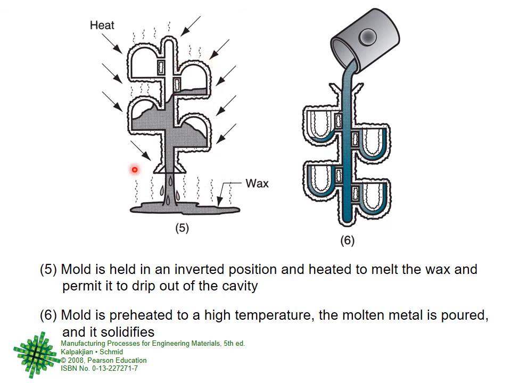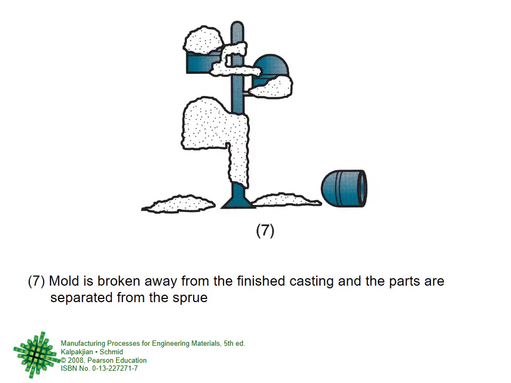Once it is there, you invert it again into normal position, and now you pour the molten metal, and after solidifying and so on, it will dry out. Break it and so on, right? And of course, as we are now showing, the mold is broken away from the finished casting and the parts are separated from the sprue. So this is the investment casting process.